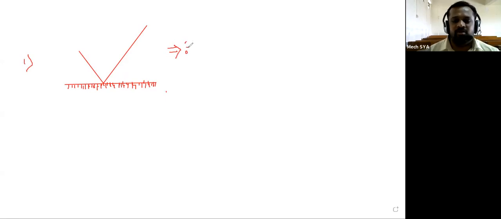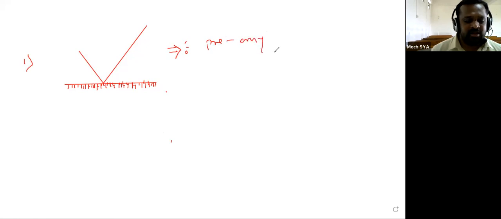If such type of symbol is there in your drawing, then what is the meaning of this symbol? You have to understand. जर अशा प्रकारचा जर सिम्बॉल तुमच्या ड्रॉइंग मध्ये आला असेल तर व्हॉट इज द मिनिंग ऑफ दिस सिम्बॉल? What is the meaning of this symbol?